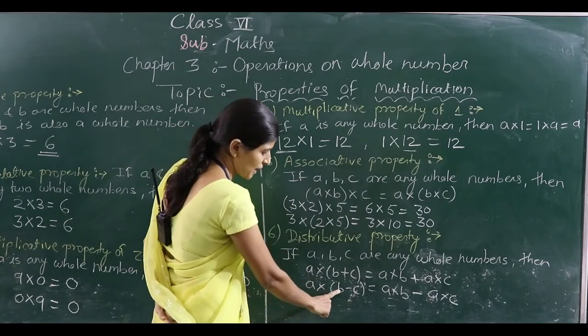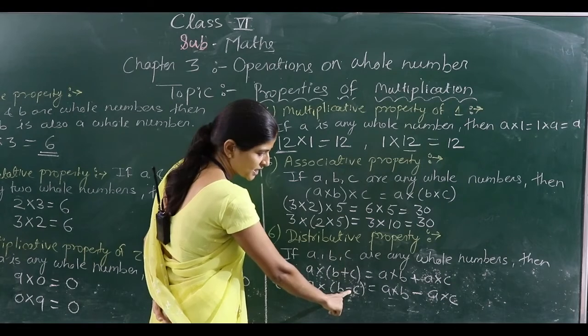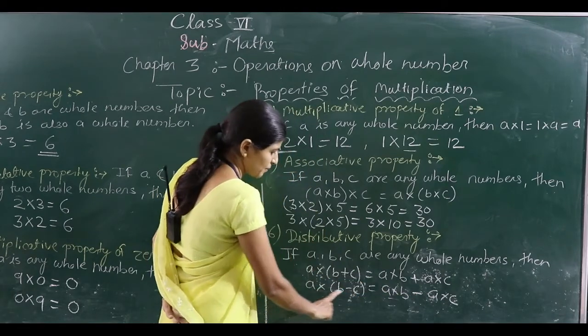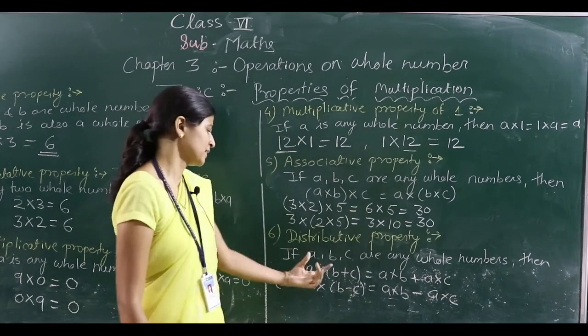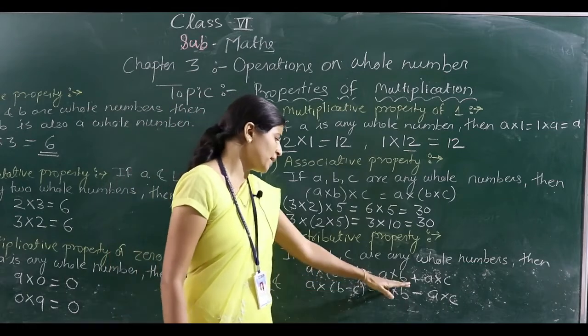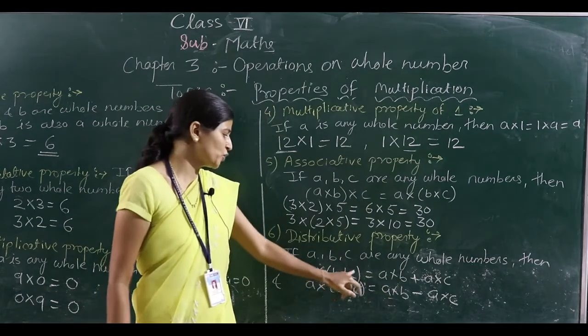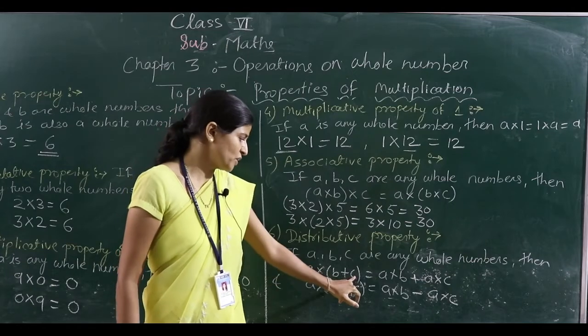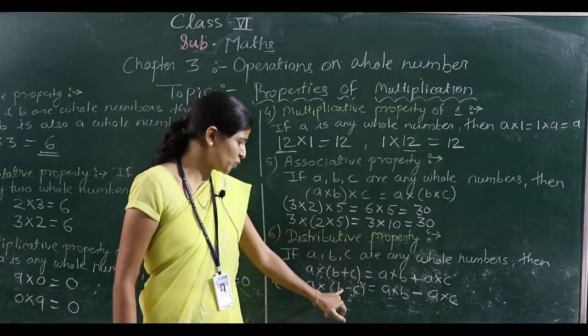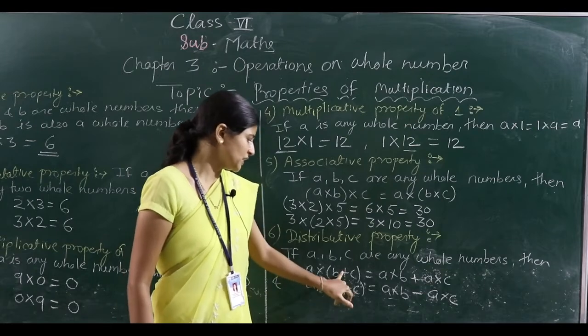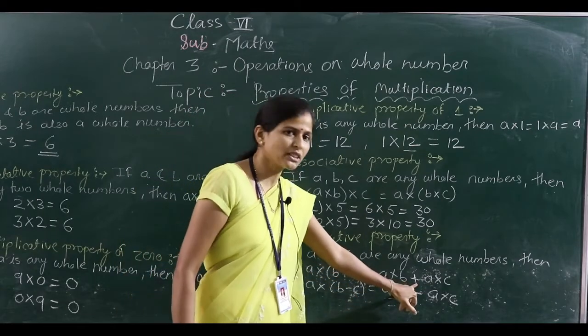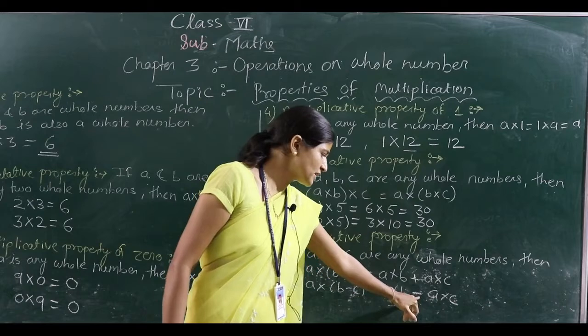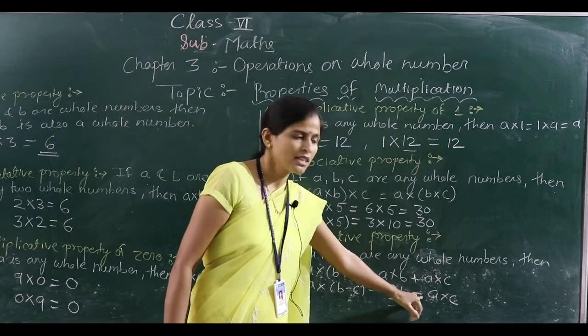A multiplied by B, then subtraction is here, that's why minus A multiplied by C. Means if we distribute the number, A is distributed to both the numbers. A distributed to B, also A distributed to C. Again here A distributed to B and A distributed to C. And we apply over addition, that's why here addition. And we apply over subtraction, that's why here the subtraction sign.